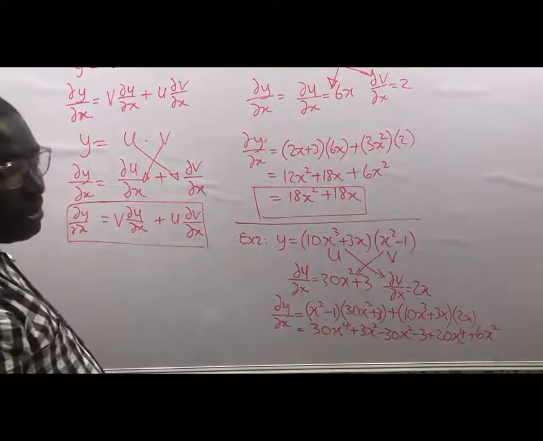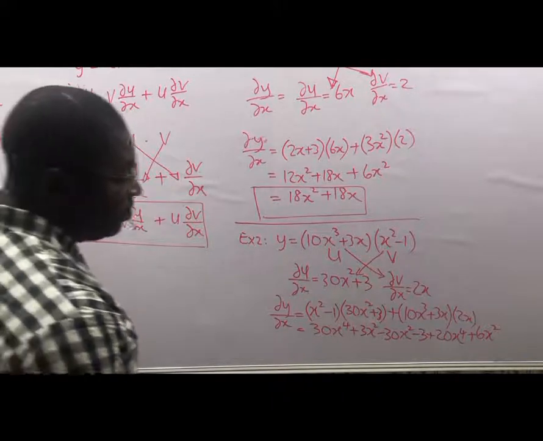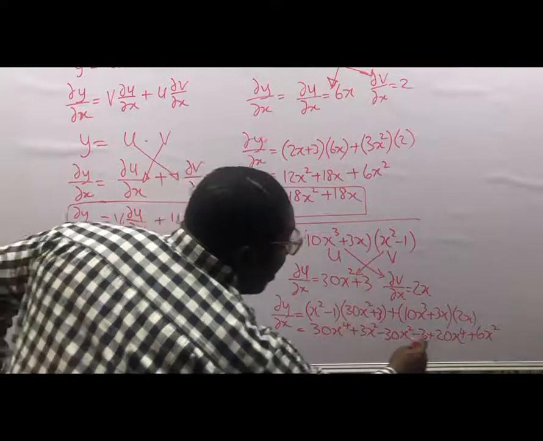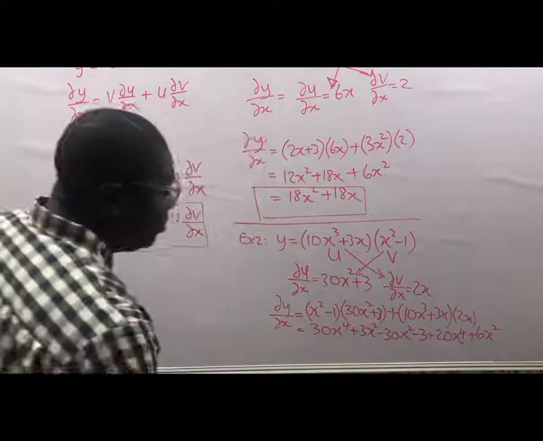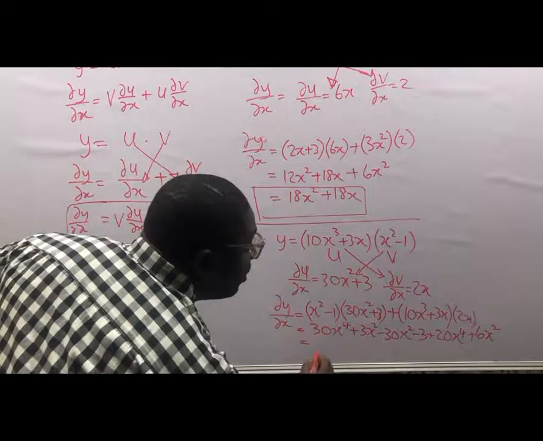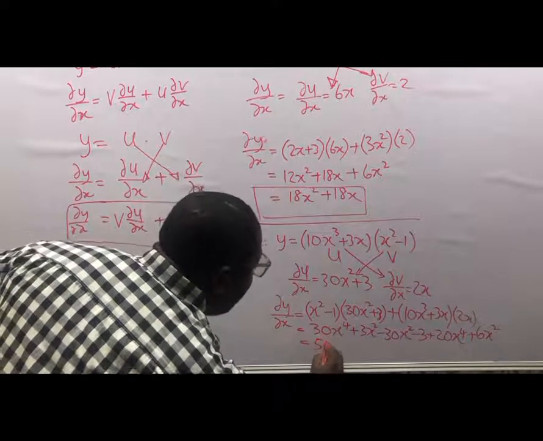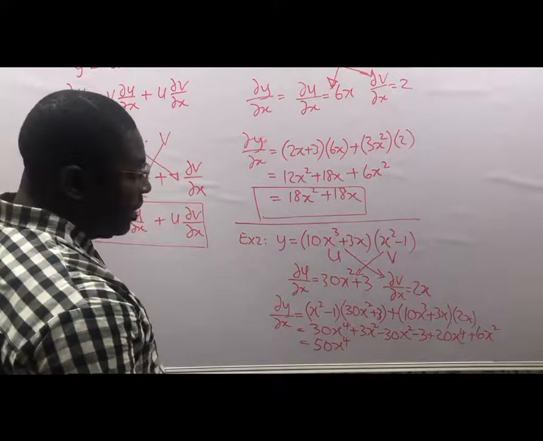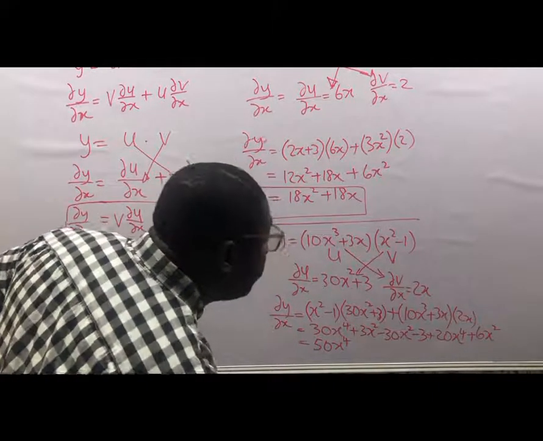Okay, so let's collect the like terms. We have 30x raised to the power 4 and 20x raised to the power 4. So this gives us 50x raised to the power 4. What else can we pull together?